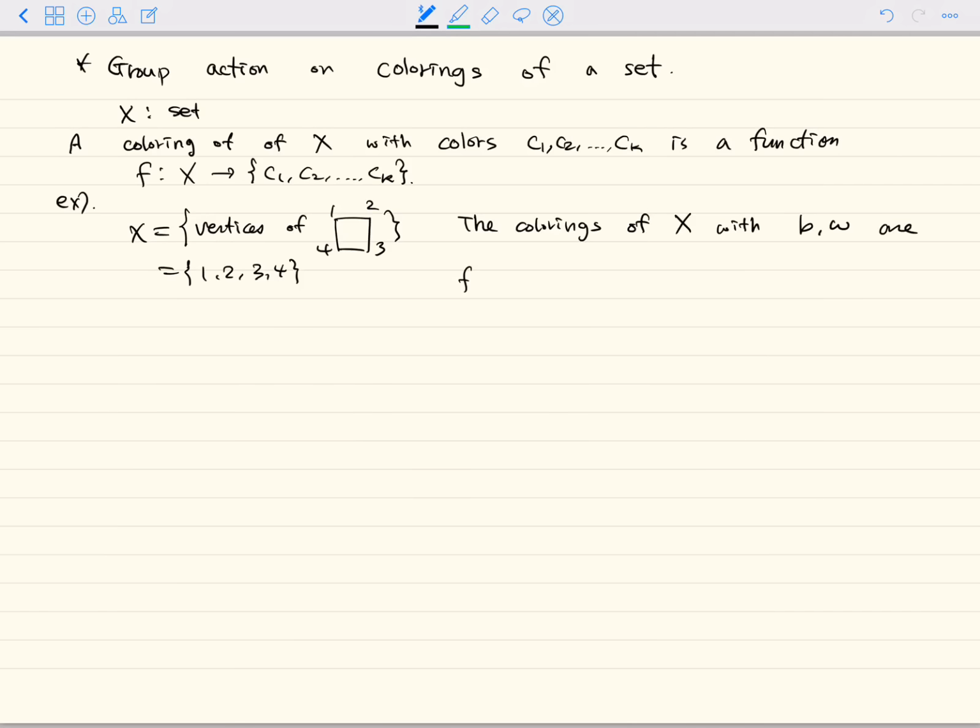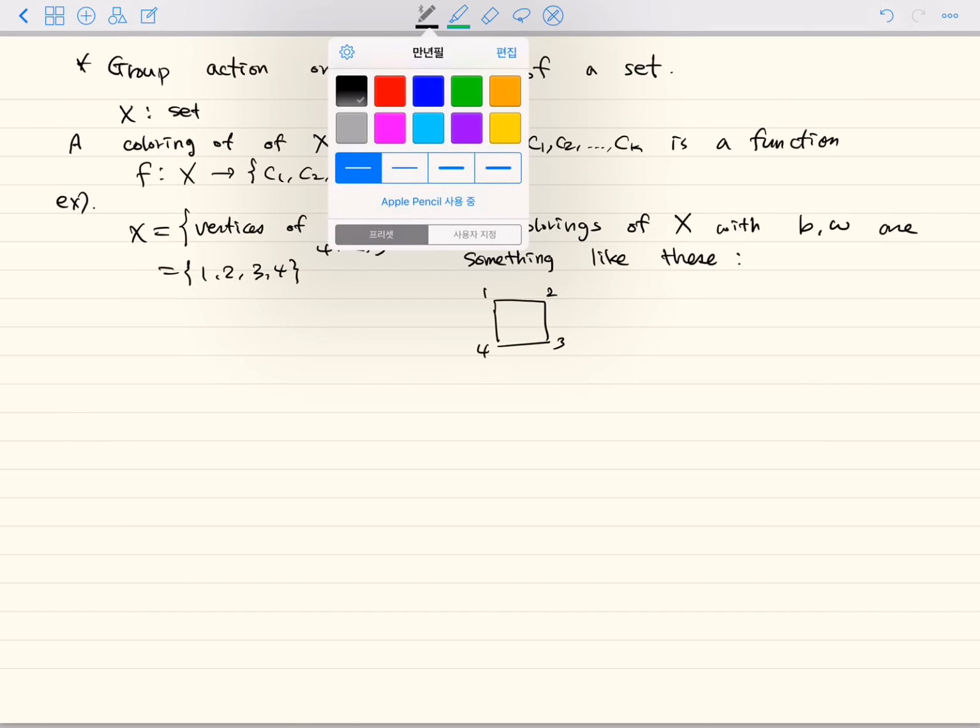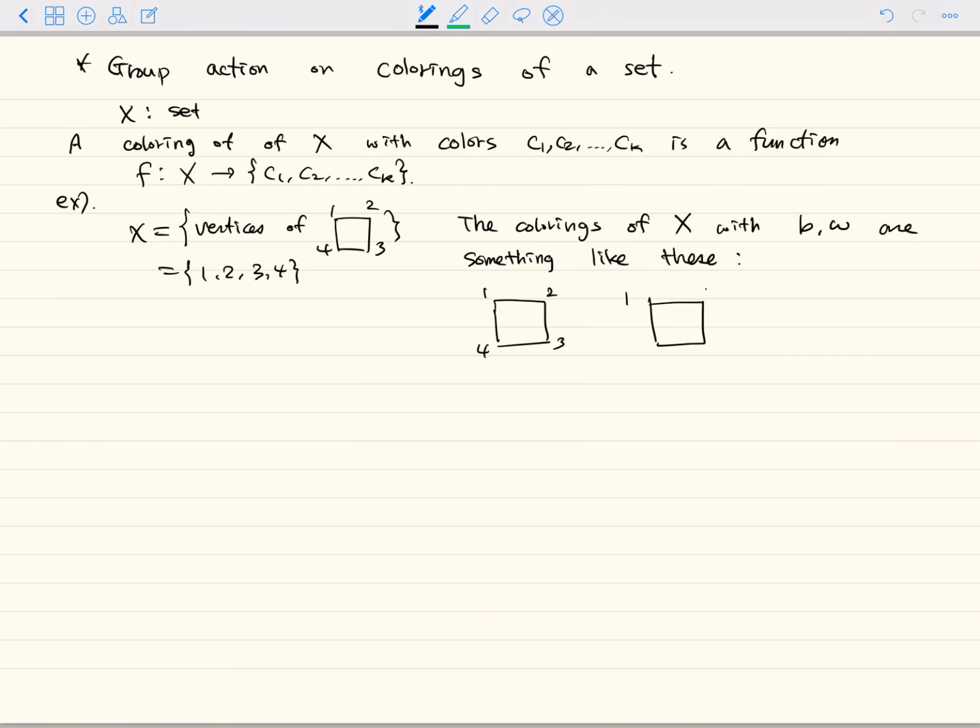Actually, I think there are too many, so let me just consider two different colorings.